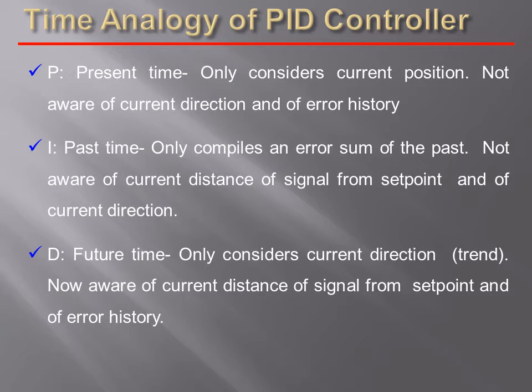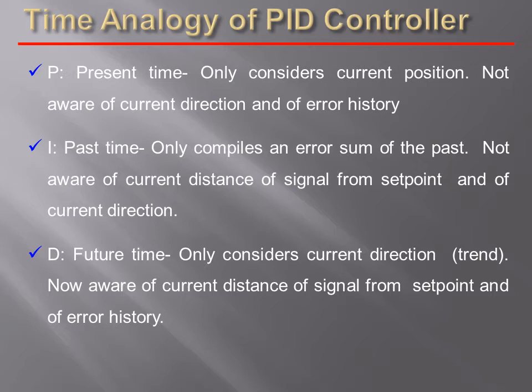So let us see the time analogy of the PID controller. Here we can say P includes the present time, which only considers current position, not aware of current direction of error history.